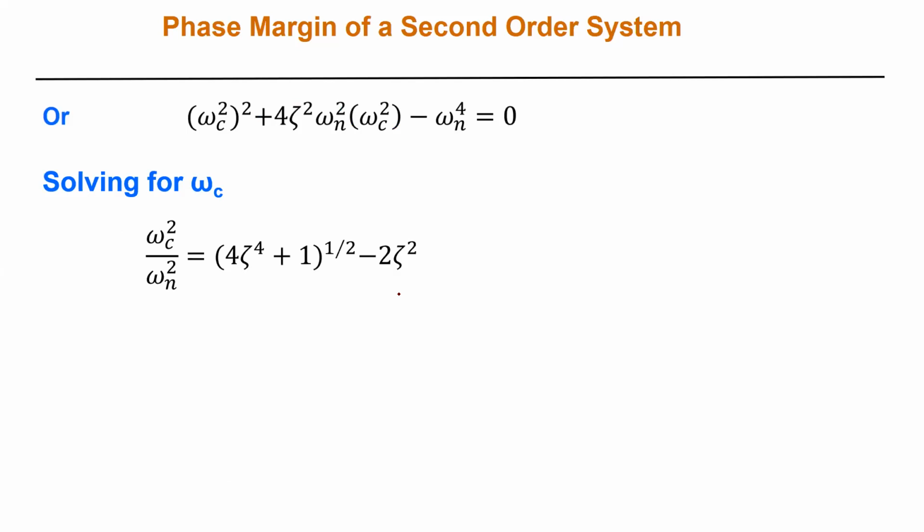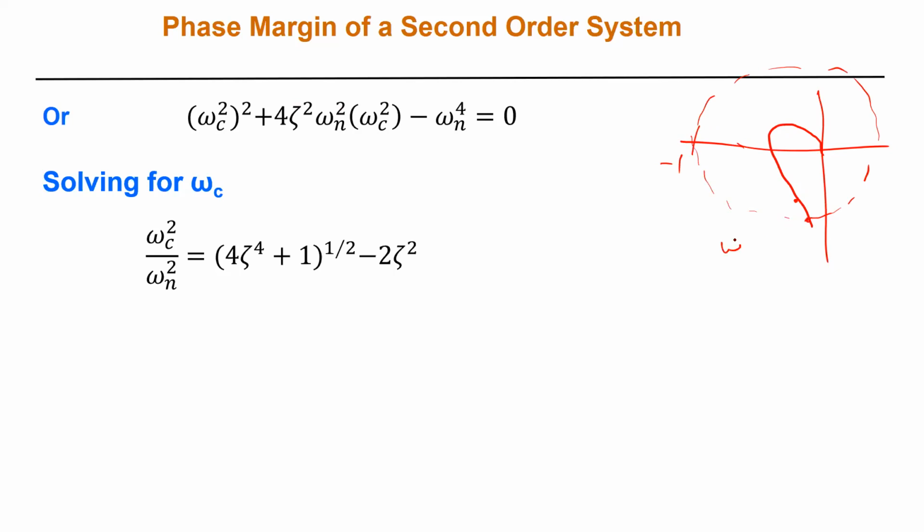Now, the phase margin is defined: you find the phase, and then how can you go to the 180 degree? That's basically, if you remember, if I have a system like this, this is the minus 1 point.